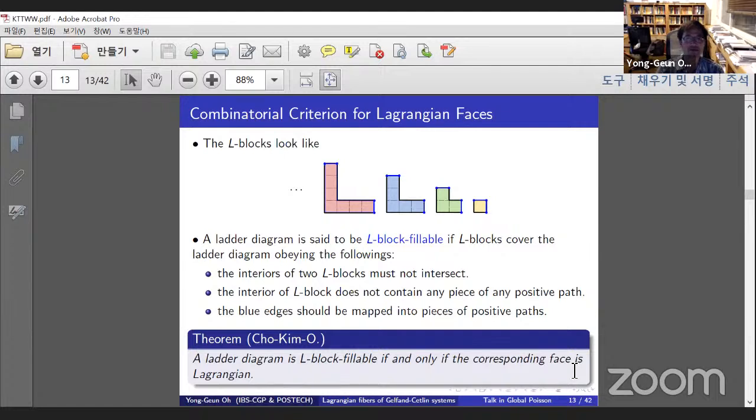The interiors of two L blocks must not intersect. The interior of an L block does not contain any piece of any positive path in the given graph. And the blue edges in these L blocks, meaning the top edges and the rightmost edges, should be mapped into pieces of the positive path. It's kind of tight; it cannot move. If the given graph has this fillable property, then the corresponding face must be Lagrangian.